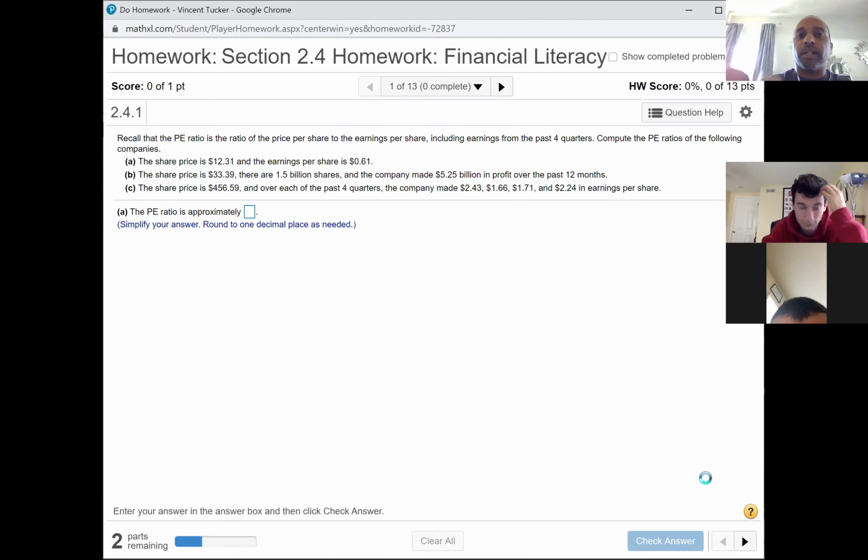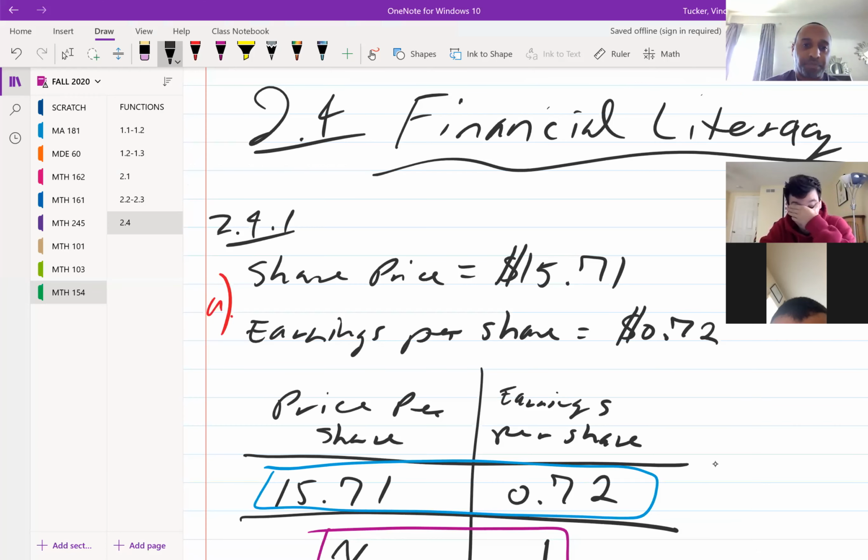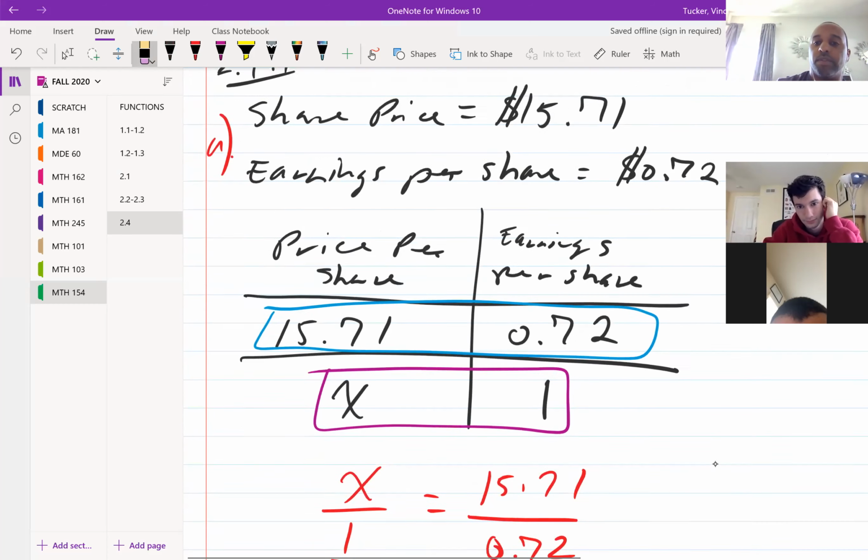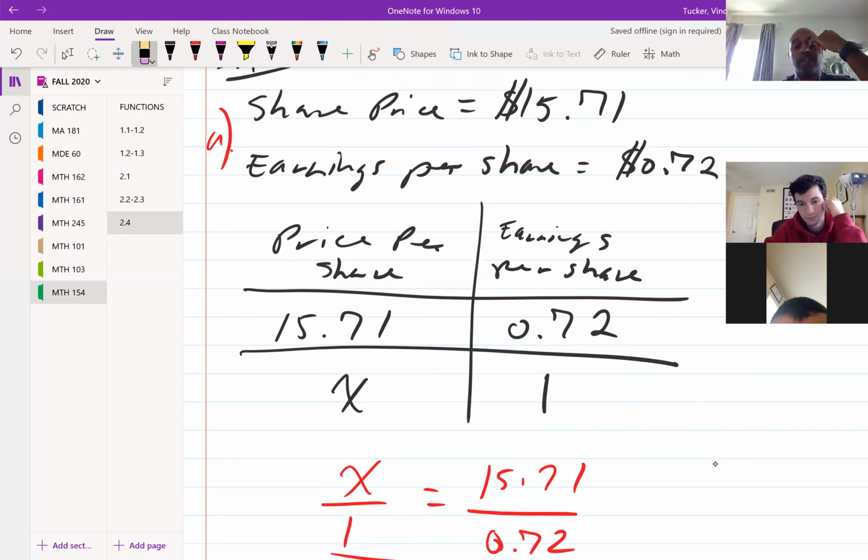So let's go back to the notes. In the problem that I've done before, which I created my notes off of, the share price was $15.71. Earnings per share was 72 cents. So the way we can do this, we can set it up, look at it this way. If the price per share is $15.71 and earnings per share is 72 cents, then when earnings per share is $1, what will X be?